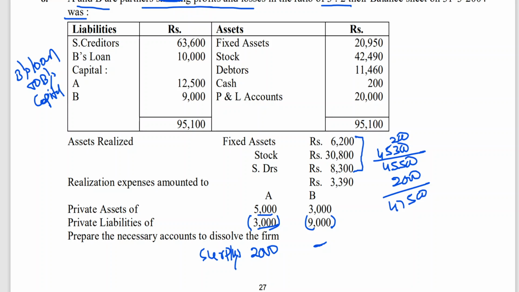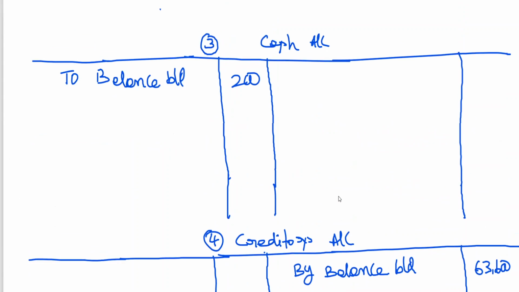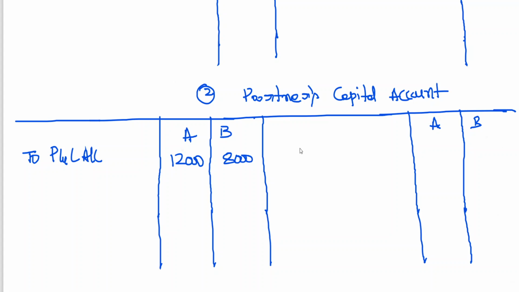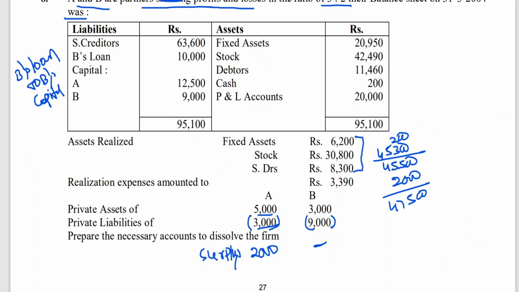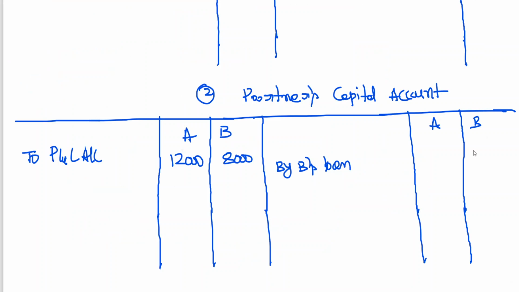So now in B's capital, we'll be writing by B's loan. I'm leaving some space here. By B's loan is how much? 10,000. Why I'm leaving some space? Because we are having some balances.